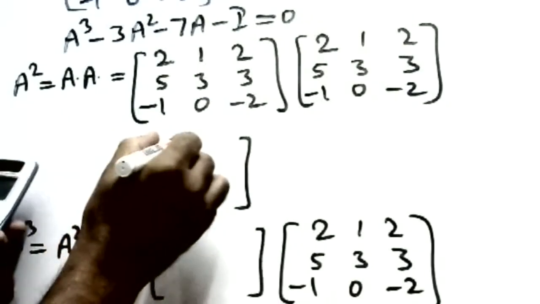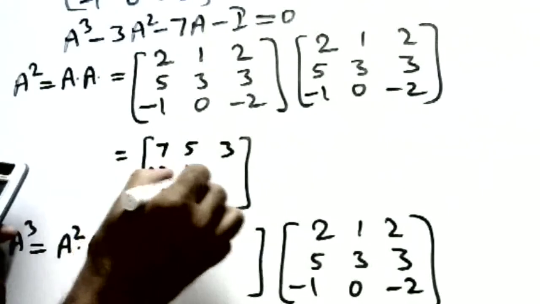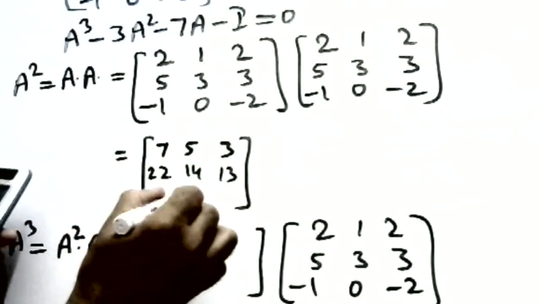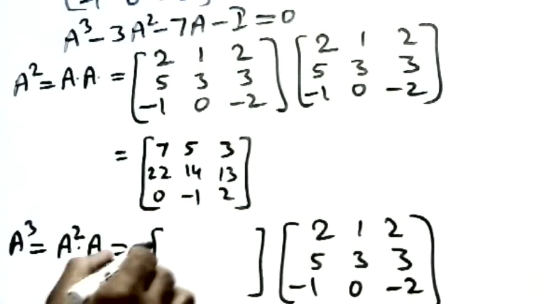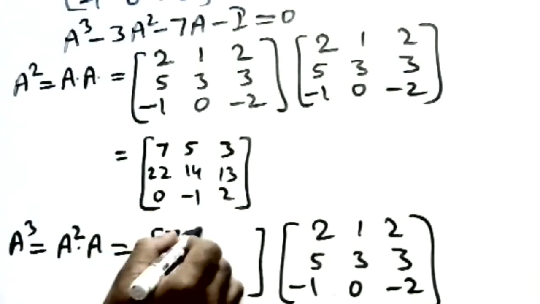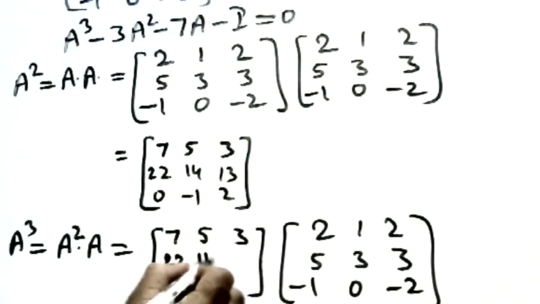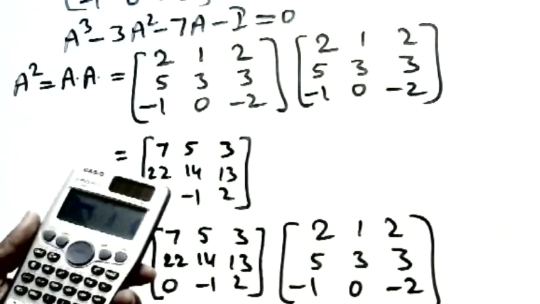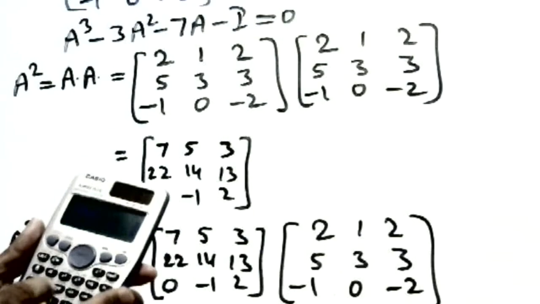So we get 7, 5, 3 and 22, 14, 13, and last is 0, minus 1, 2. Now A cube will be A square into A square, just got 7, 5, 3, 22, 14, 13, 0, minus 1, 2. Now already we got A square, into A we will get the answer.